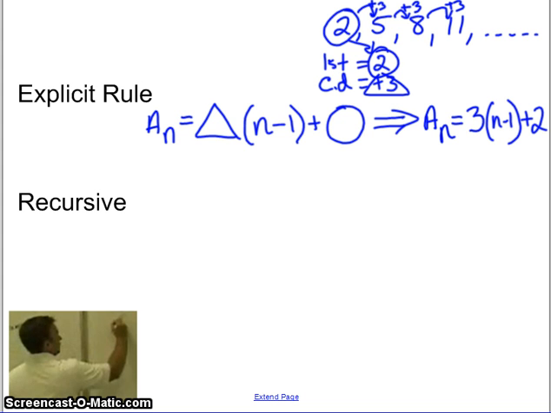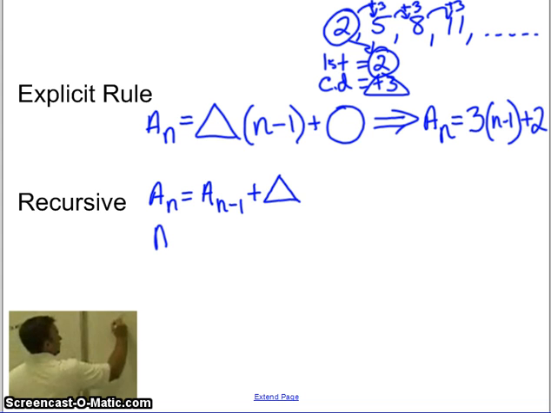In the recursive rule, we have a sub n equals a sub n minus 1, that's the previous term, plus the common difference.